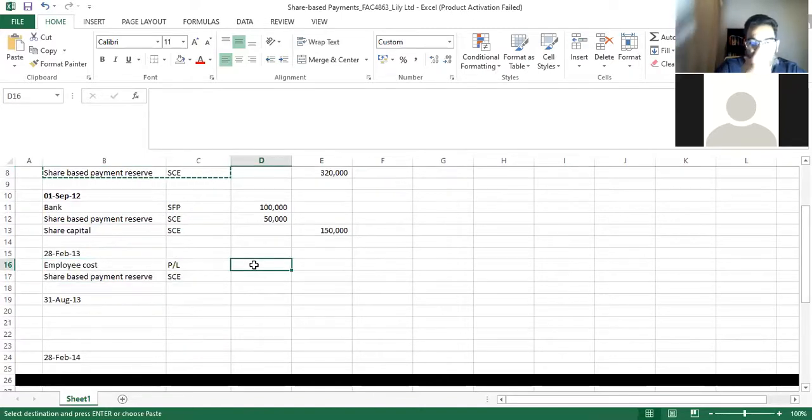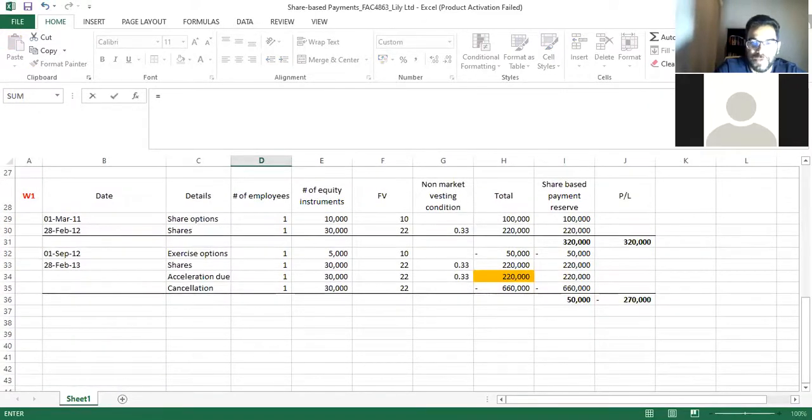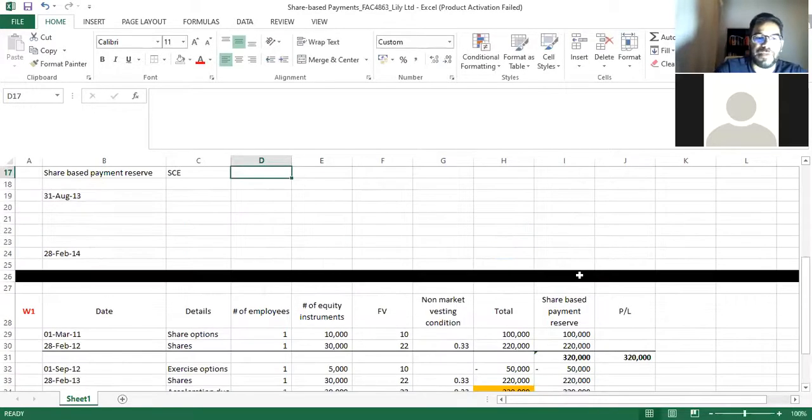But now we're going to bring in only the amounts that relate to the yearly adjustment, which is this 22,000 Rand. What we can also do is bring in the acceleration at the same time. You can either do the acceleration separately from the other shares, or bring it together. I'm going to bring it together.